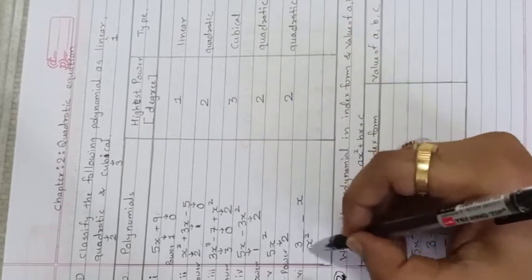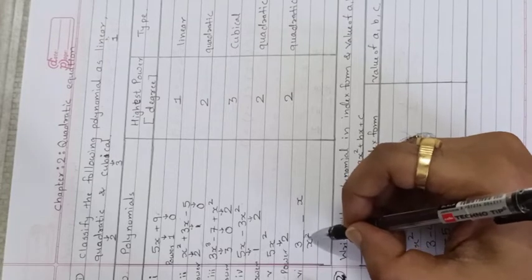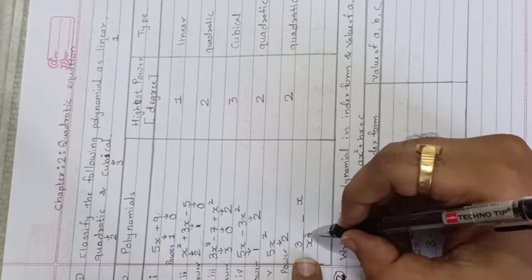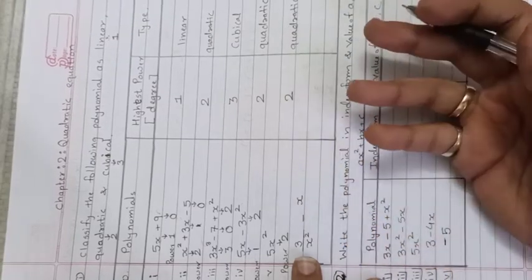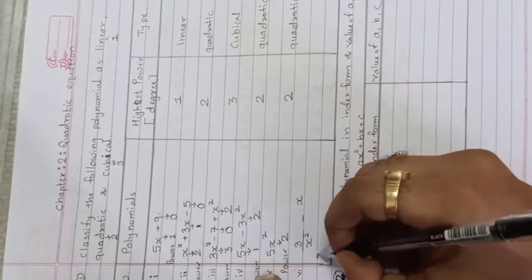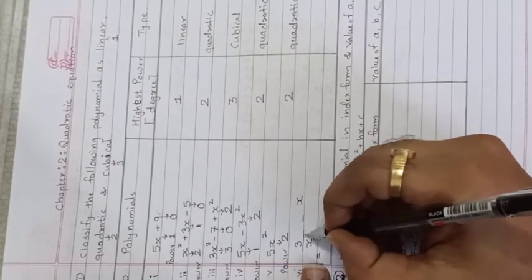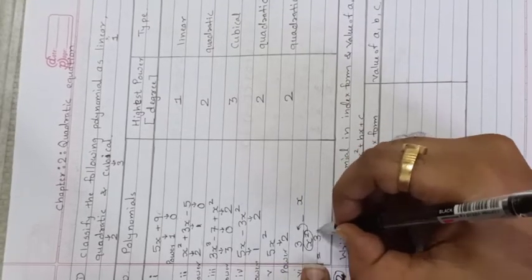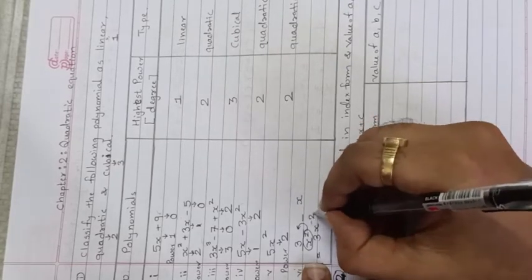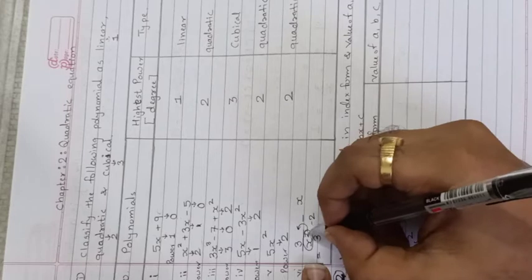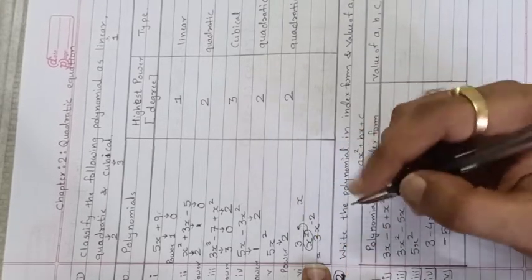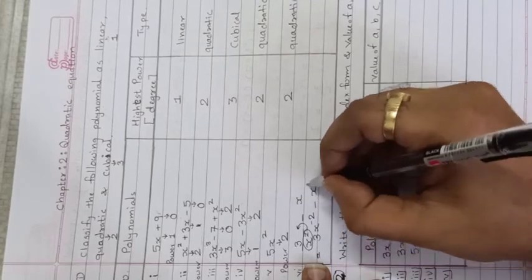The next one. x square is in the denominator. So now what will we do? There is no equal to, so we cannot do cross multiplication or take the LCM. So now first 3x square, this x square will come up, as you might have learned in standard 8, x raised to minus 2. The power from the denominator, when it comes up into the numerator, turns negative, minus x raised to 1.